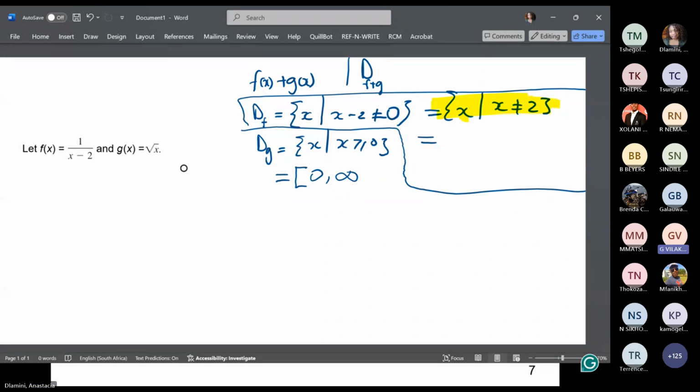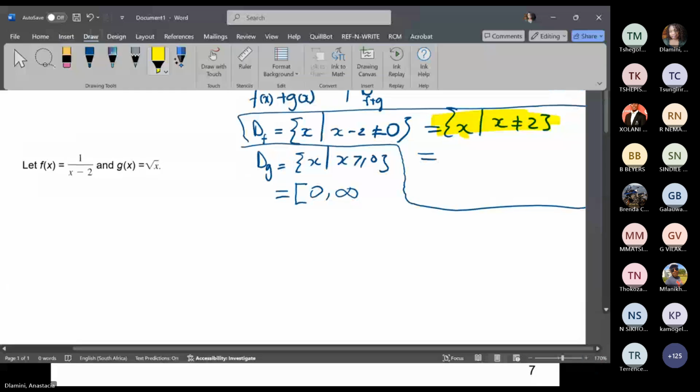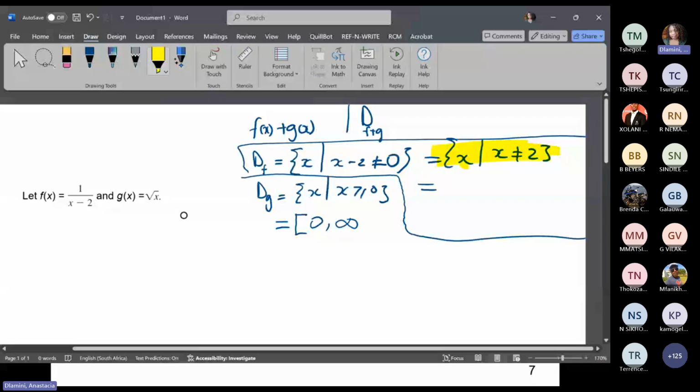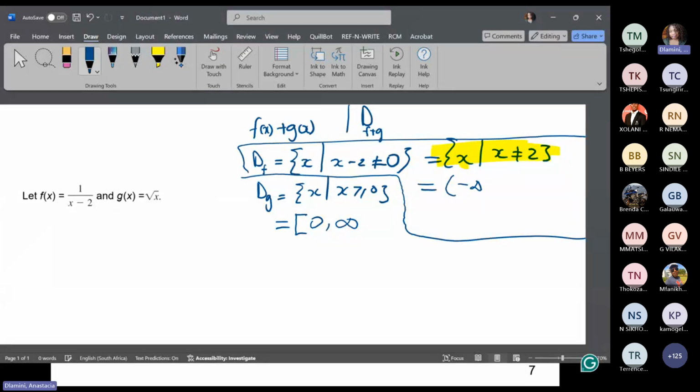Someone else. Open bracket and then negative infinity, and then 2 open bracket, and then union, open bracket 2, positive infinity.